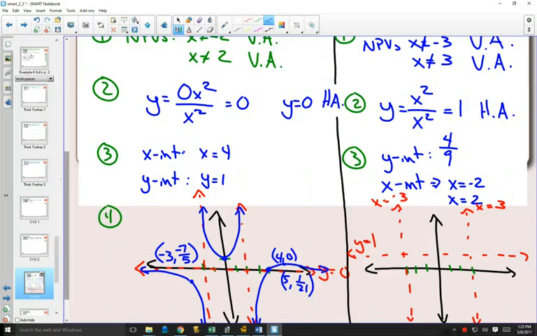Our y-intercept is at 4/9. And we have x-intercepts at 2 and negative 2. So from this, we already have enough information to draw this part of our graph.